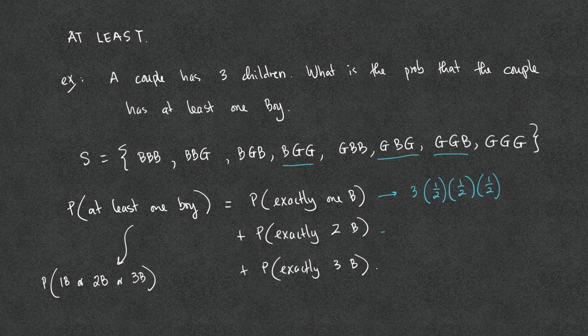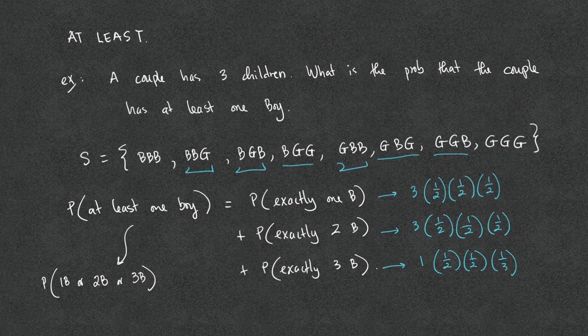Similarly, there are 3 outcomes for exactly 2 boys: BBG, BGB, and GBB. The probability of getting a boy is 1/2, the second boy 1/2, and the third girl 1/2. There's only one way to get exactly 3 boys, and that is boy the first time, boy the second time, boy the third time.